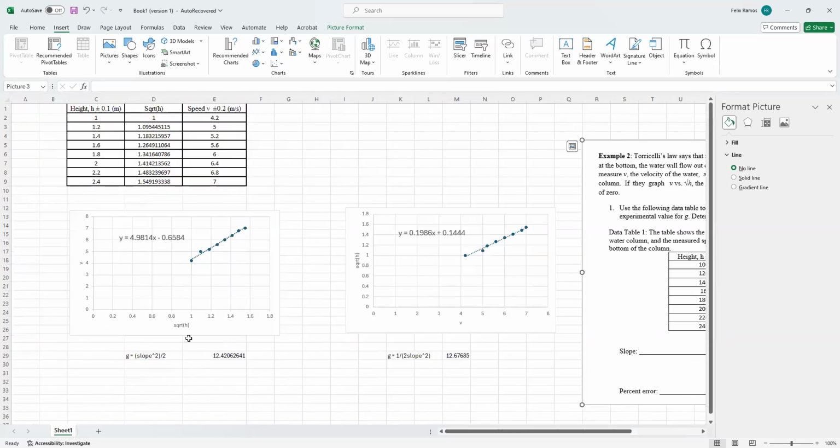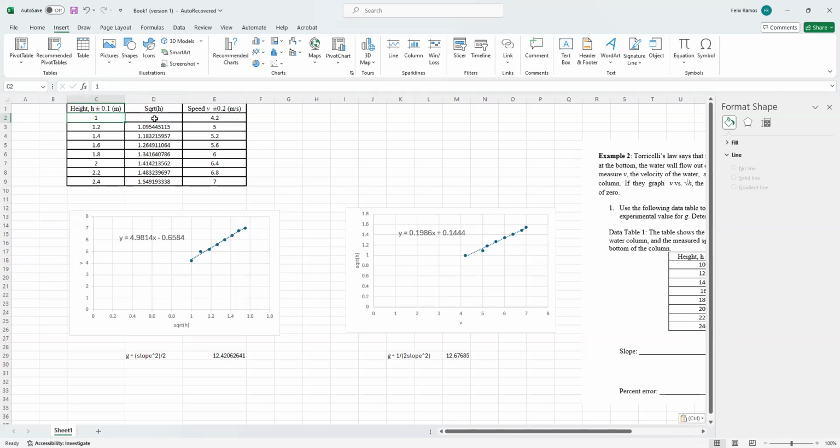So what I did, I just added one more column here, this second column, where I found the square root of h. Using Microsoft Excel, I said, find me in this column the SQRT C2, because in cell C2 I had the first value of the height.